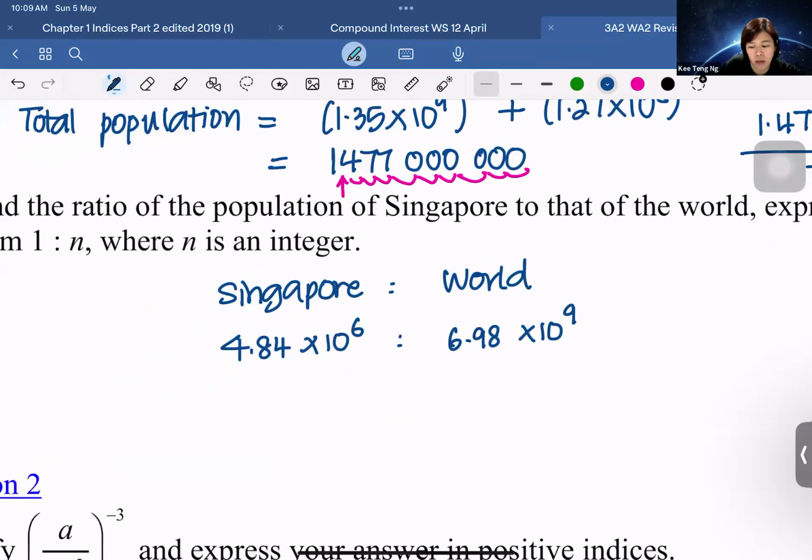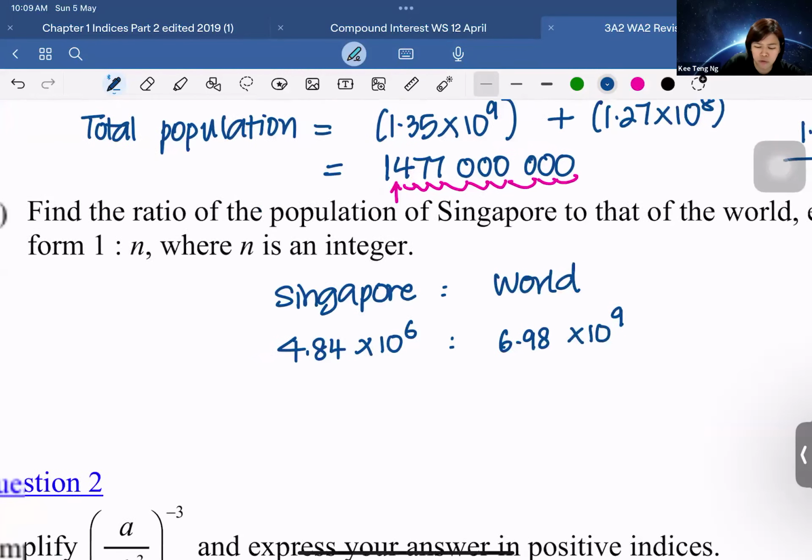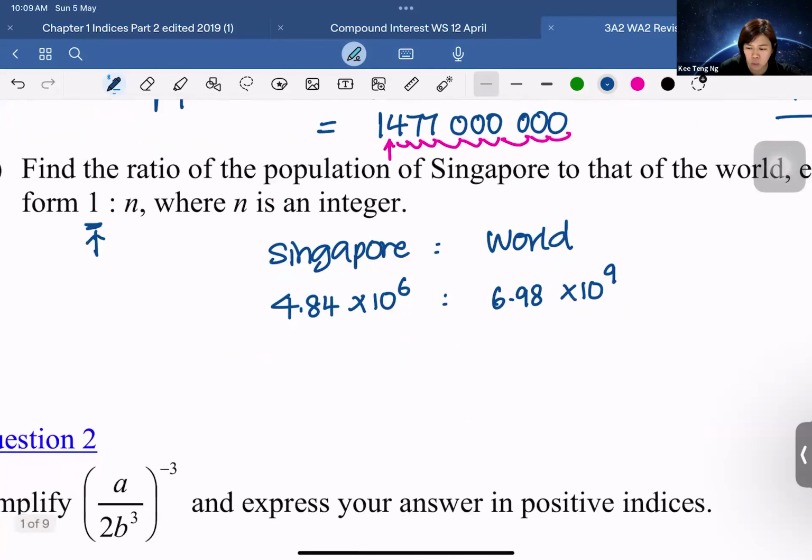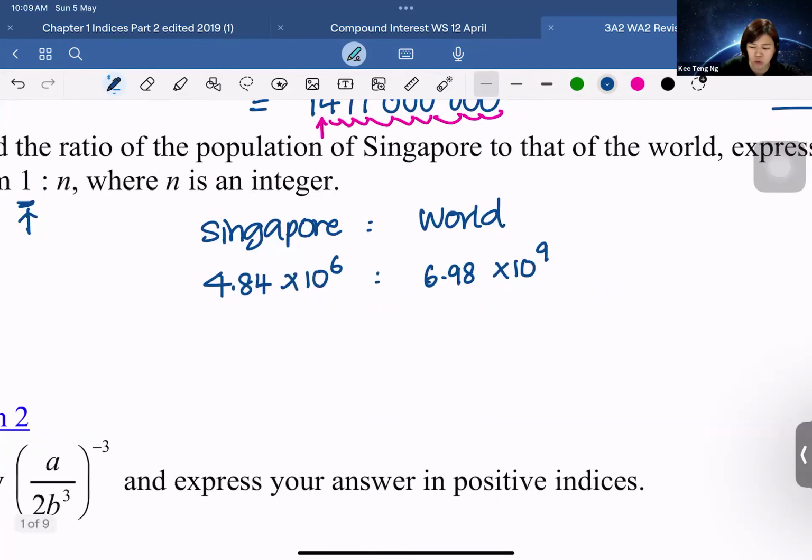Right? Now, the question wants us to express the ratio in the form 1 is to n, where n is an integer. So in this case, I need to change this portion over here into 1. Right? So what can I do? I can divide the whole portion over here by 4.84 times 10 to the power 6.